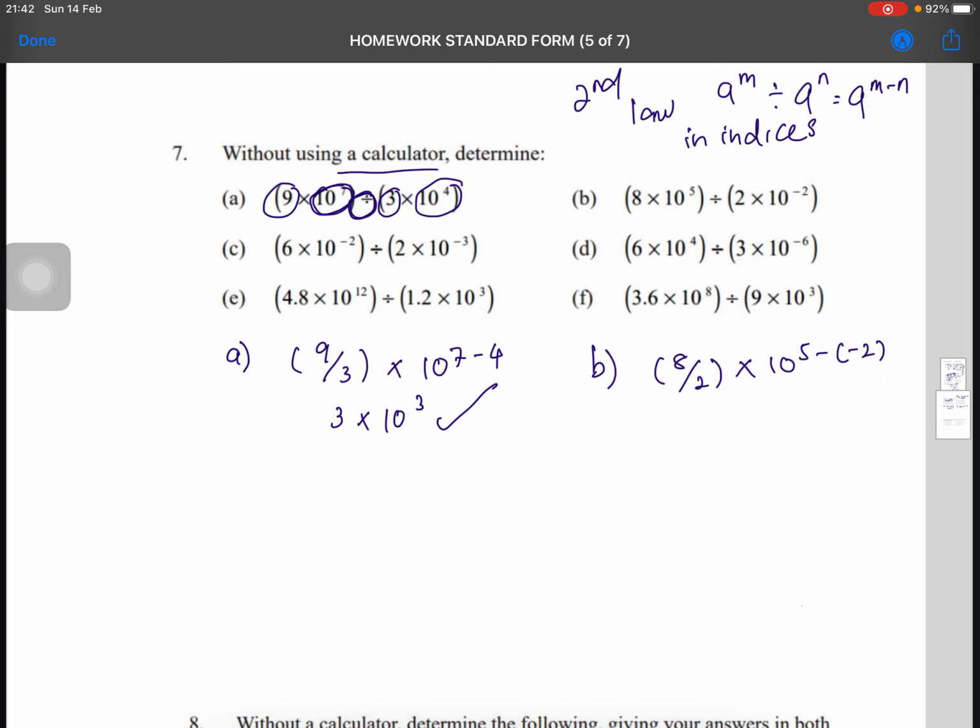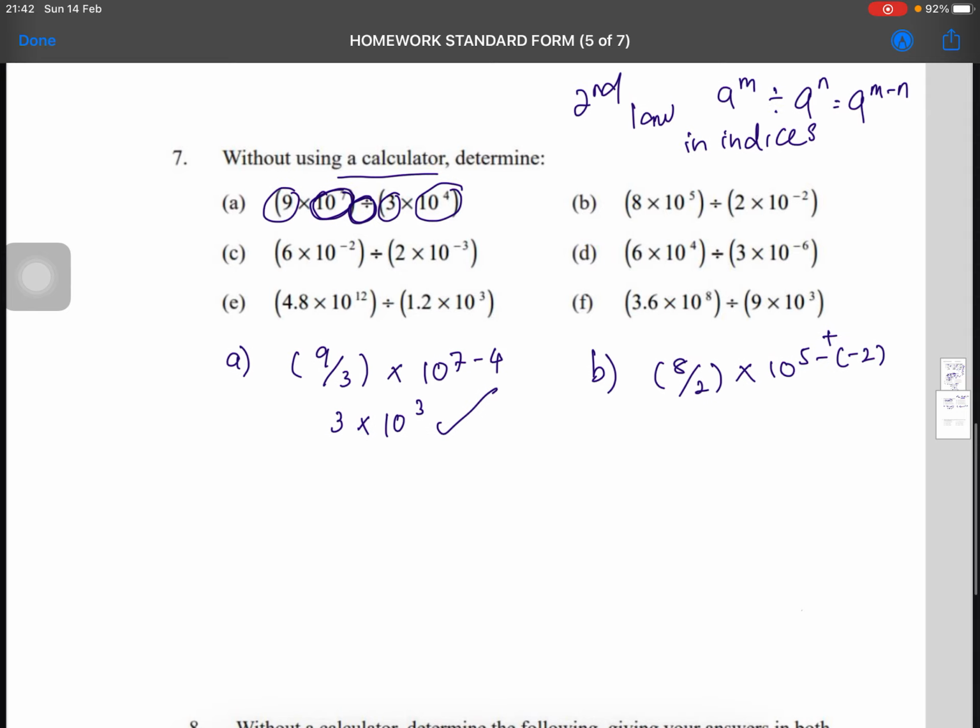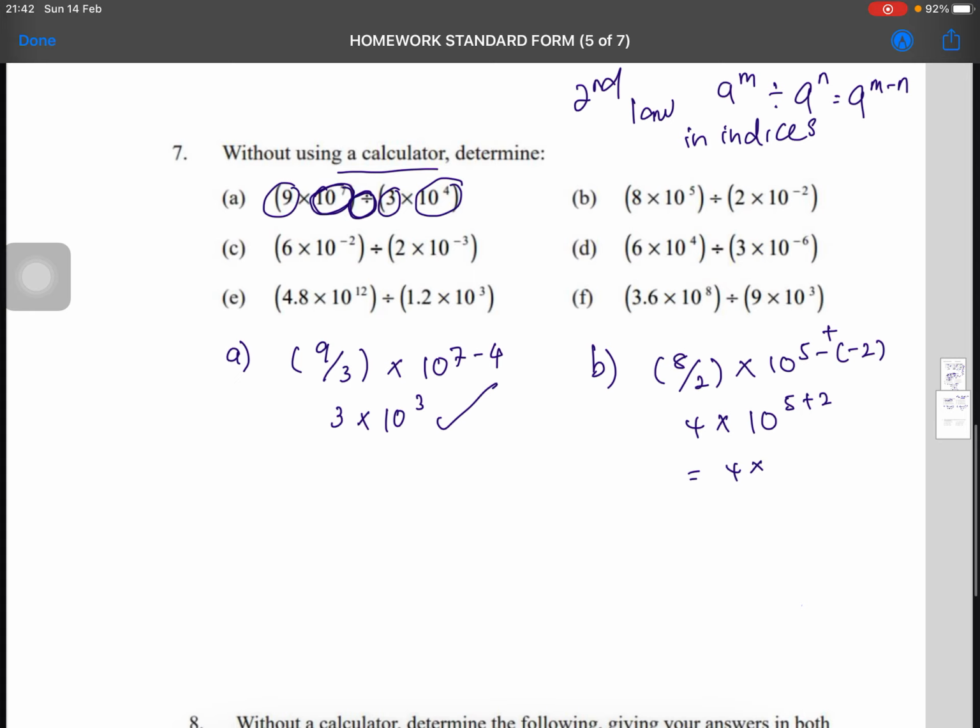We apply the second law. Minus becomes plus. 8 over 2, we have 4 times 10 to the power of 5 plus 2. The answer is 4 times 10 to the power of 7.